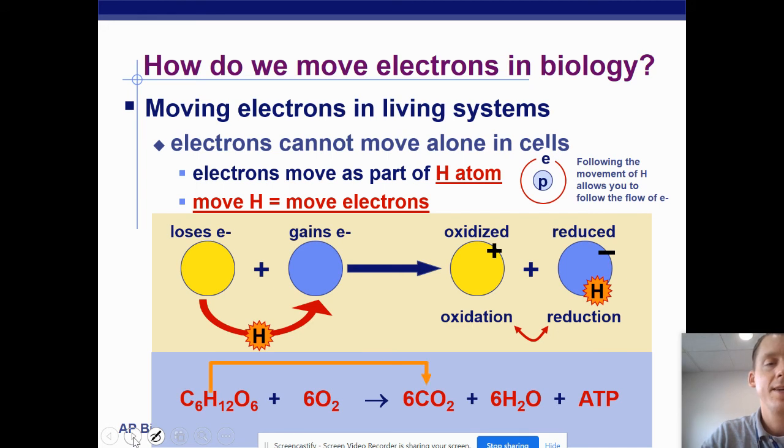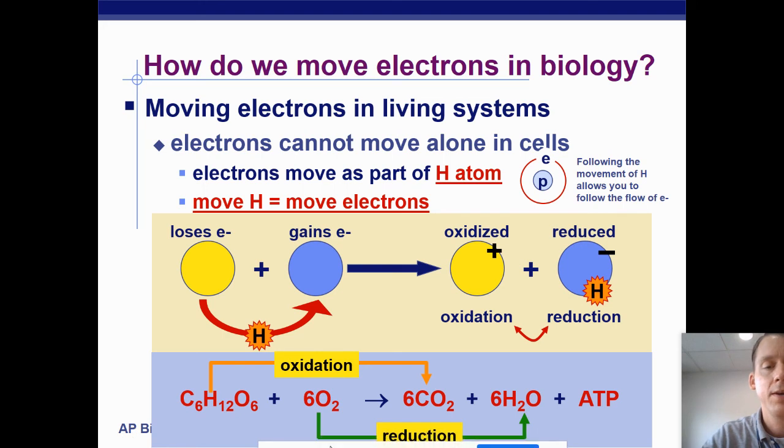As you can see here, glucose is becoming carbon dioxide, and that is oxidation. We are losing an electron, and therefore we have lost hydrogen, right? Where did the hydrogen go? It and the electrons left, and they went to water.